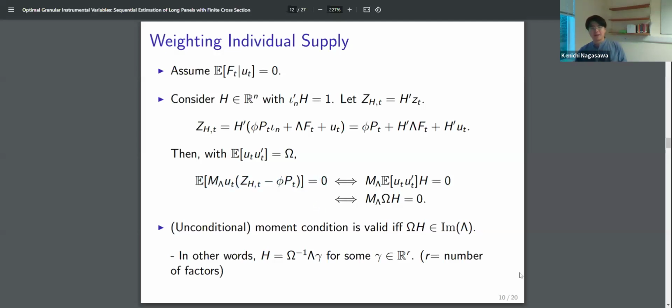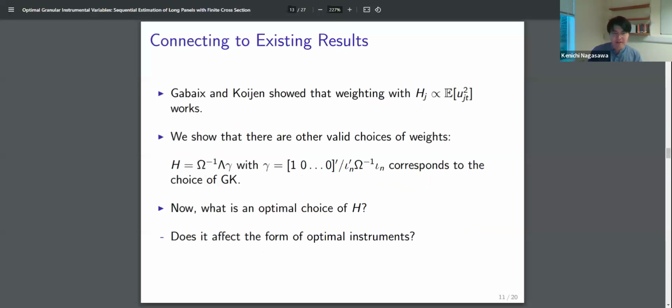So this is another finding of our paper, where we show that there is a range of weight vectors H that you can choose to satisfy this moment condition to estimate the parameter in disaggregated equations. To be fair, this is not completely new, in the sense that Gabaix and Koijen already showed that there is a vector H that you can use to estimate the parameter in disaggregated equations.